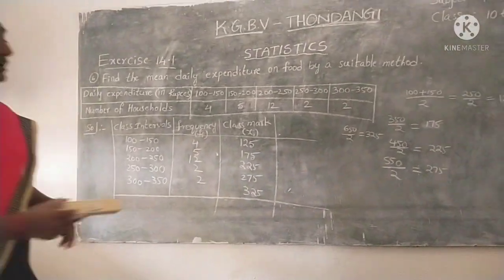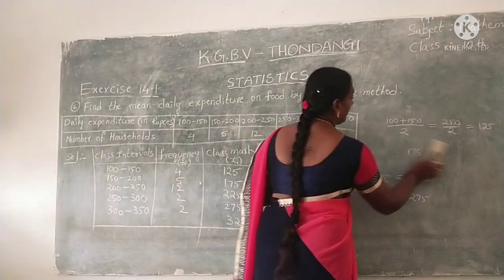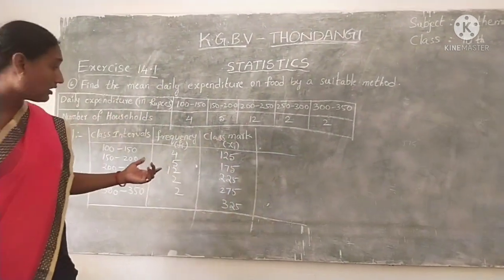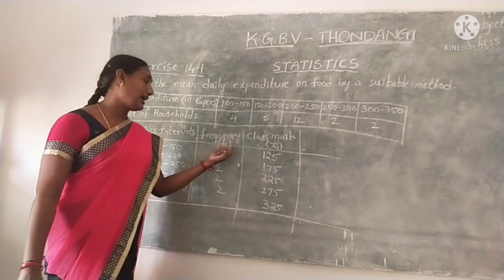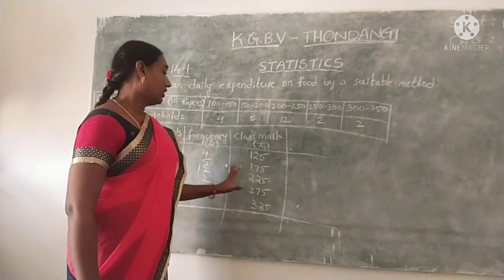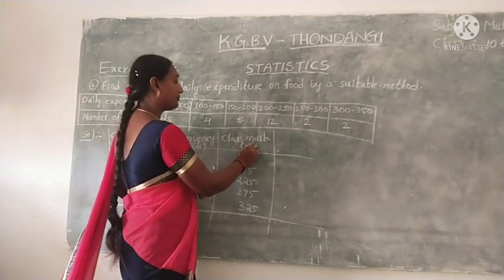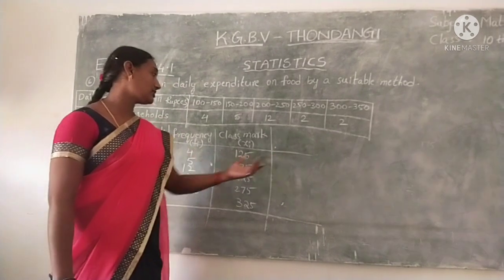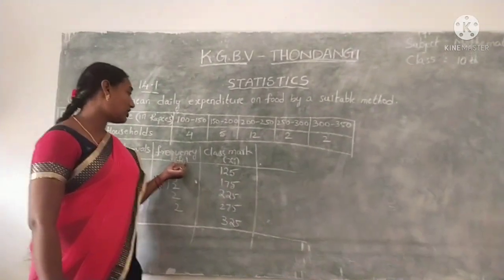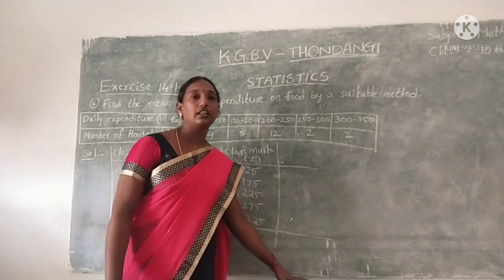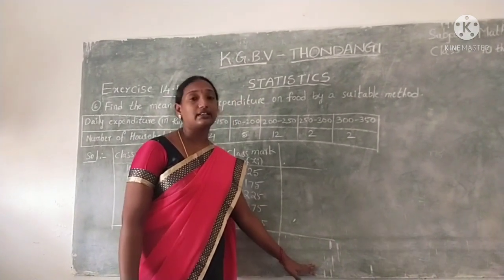So children, here the numerical values of fi and xi are very large. So we don't take the direct method. Why? Because the values of xi and fi are very large, it is very difficult to find the value of sigma fi xi.